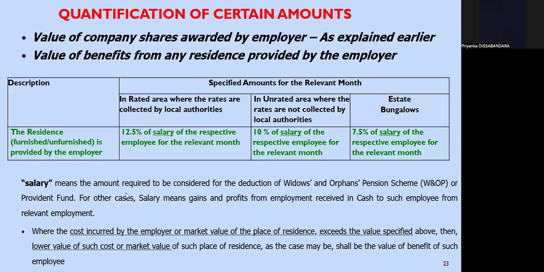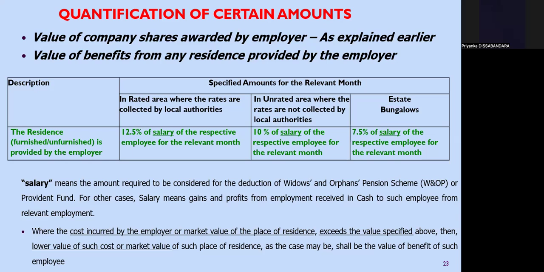And there are some conditions. If the cost incurred by the employer or the market value of the place of residence is lower than the value specified above. What kind of situation?